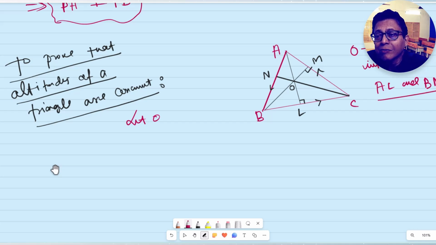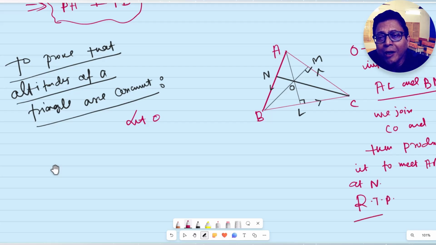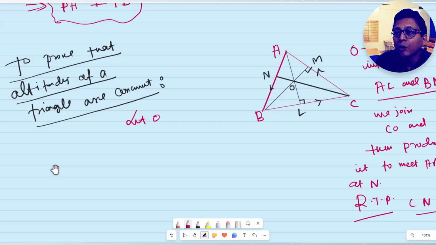You have joined CO and then produce it to meet AB at N. Required to prove: CN is perpendicular to AB. What we are taking here is the point of intersection of AL and BM as the origin.